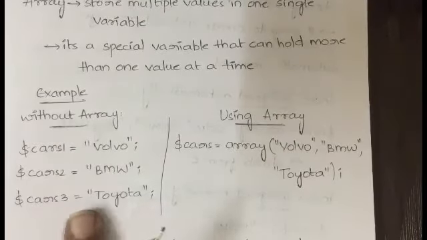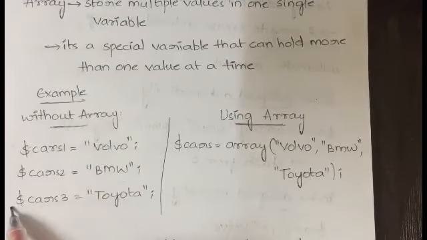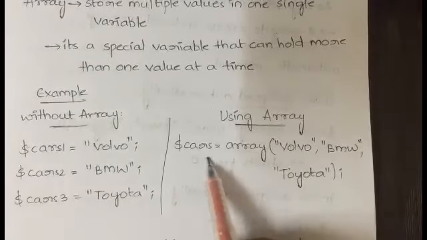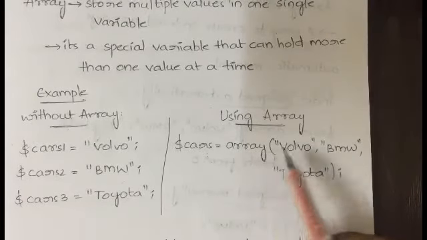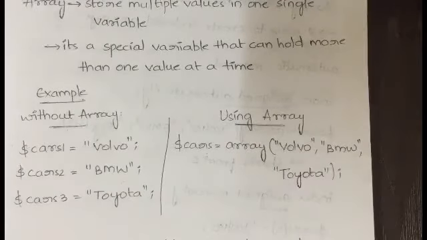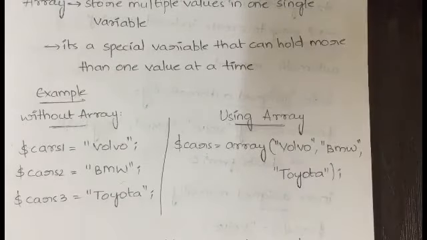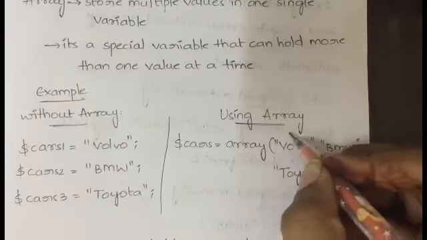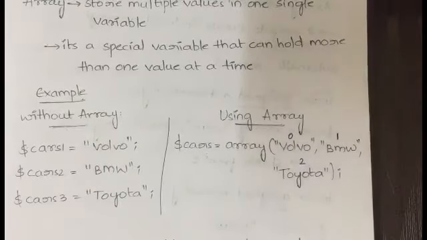That is without array. If we use array, we need not declare three different variables, right? We declare only one variable, $cars, and here we are creating an array, and in that we are storing all these three names sequentially. These are accessed by the index numbers. This is given index number 0, this is given index number 1, and this is given index number 2.